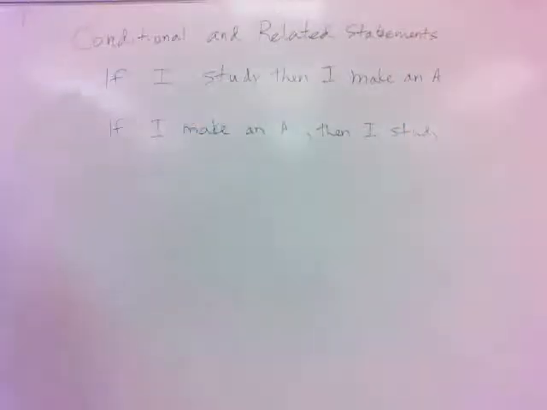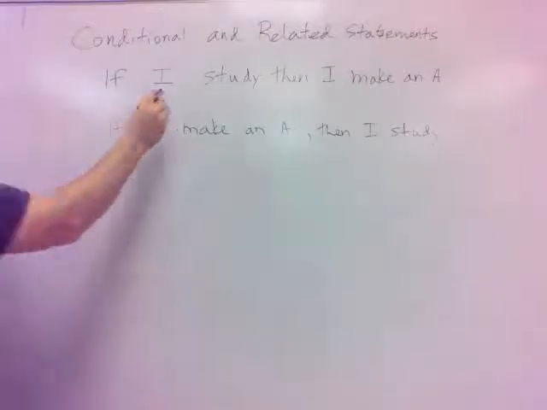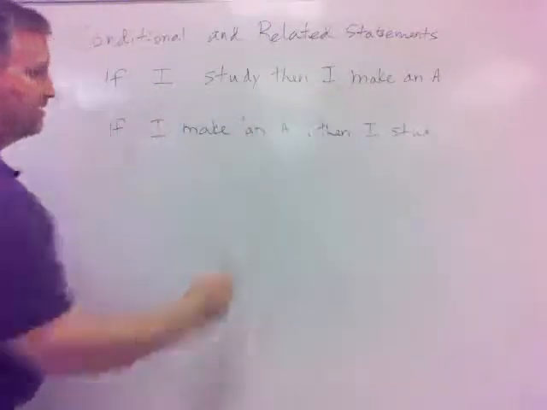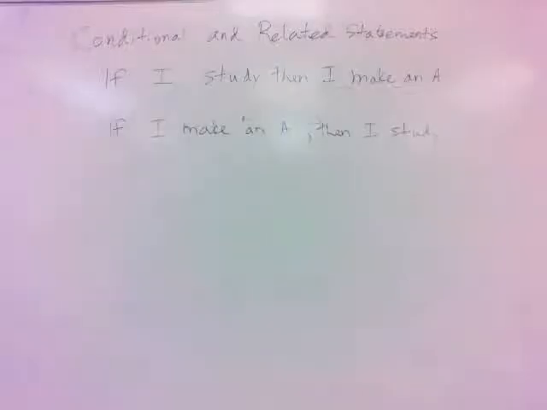Well, what I did there was I flip-flopped the roles of the P and the Q, right? I made the I study part the then part, I made the I make an A part the if part. Well, if you do that, that is called what is known as the converse.